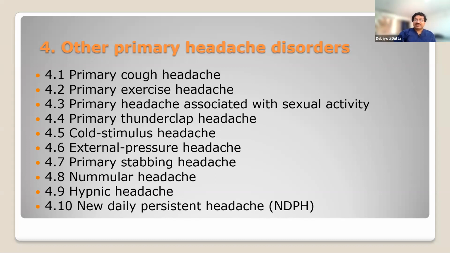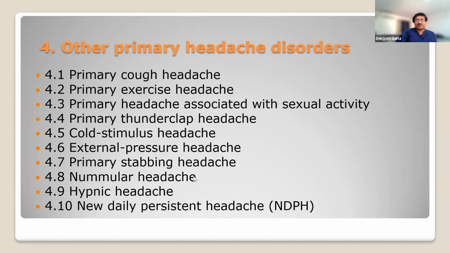Okay, and the first four consist of these types, among which most of the headaches are self-explanatory, except this primary thunderclap headache. Remember, this is usually associated with subarachnoid hemorrhage, but these terms should not be taken into account here.